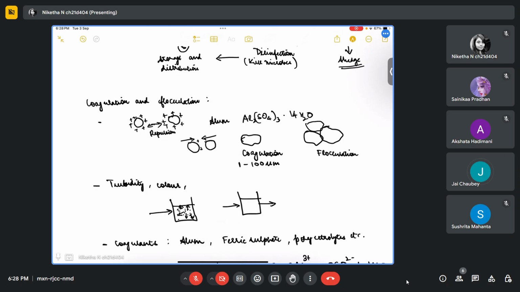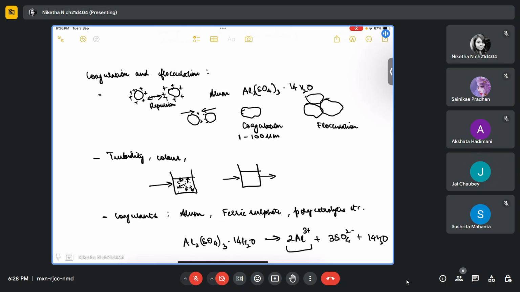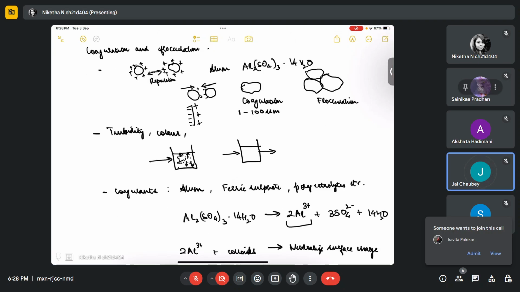So it's not completely neutralized, and a double layer will form. It will have a positive charge outside, and inside there will be an oppositely charged layer. So during neutralization, only one layer will be neutralized. The other inner layer will still have some charge.